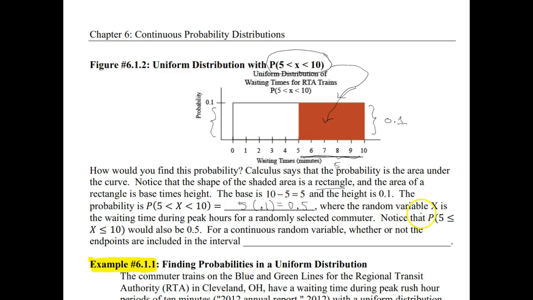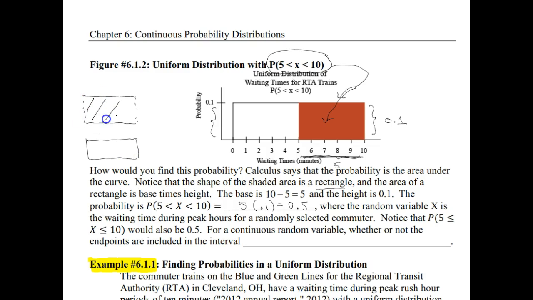Here our random variable x is the waiting time during peak hours for a randomly selected commuter. Notice that the probability of getting an x value between and including the endpoints would also be 0.5. The difference is that we would have a rectangle that basically has dashed lines for sides, and now we're going to include those two endpoints.